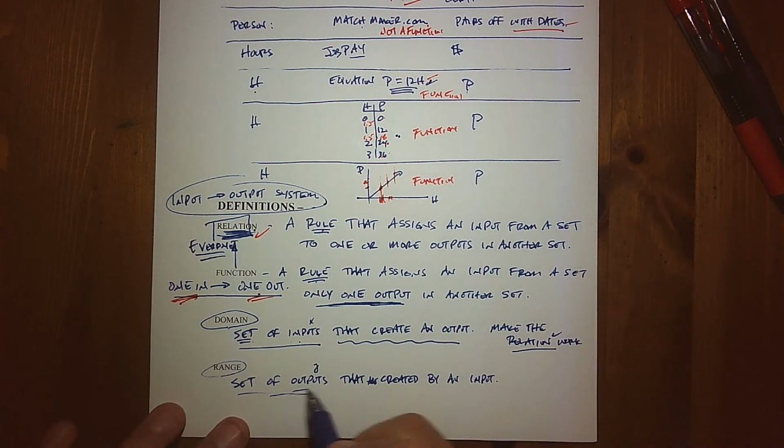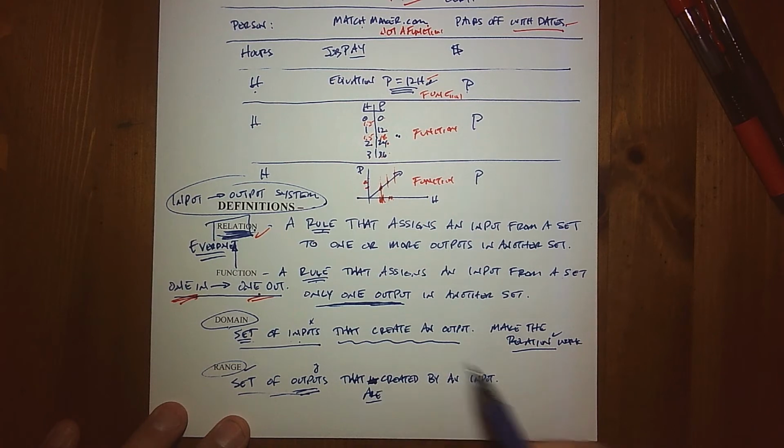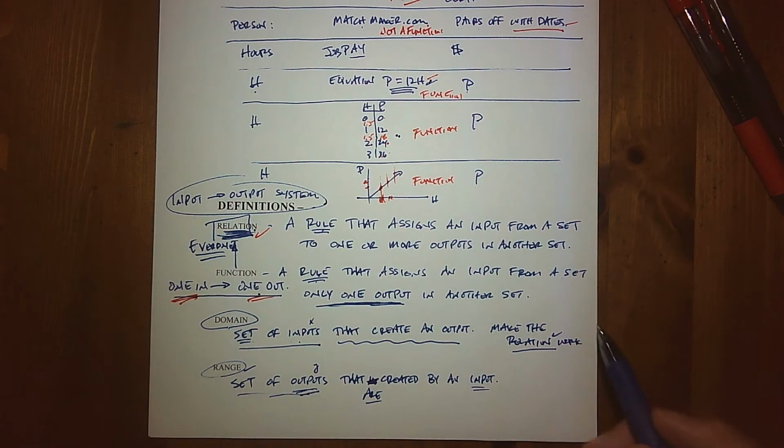And then as soon as we have some outputs, we now have a range set. But that also is half the story, because they have to, that's the word R, by the way. All right, so the range of the set of outputs that are created by all that inputting. So there's some action going into this, right? So that's what's kind of missing from a lot of domain and range.